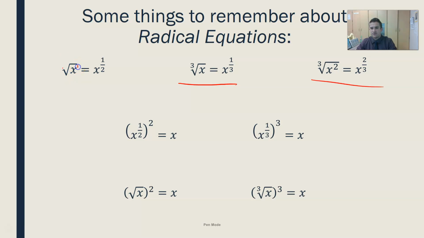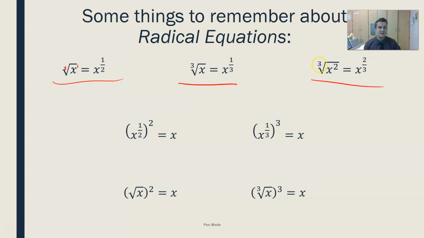If I have x to the first power, x, and then the square root, I can rewrite the square root of x as x to the 1/2. Radicals and fraction exponents are very closely related. Likewise, the cube root of x can be written as x to the 1/3 power. So a cube root function and x to the 1/3 are representing the same thing. I can write them either way.